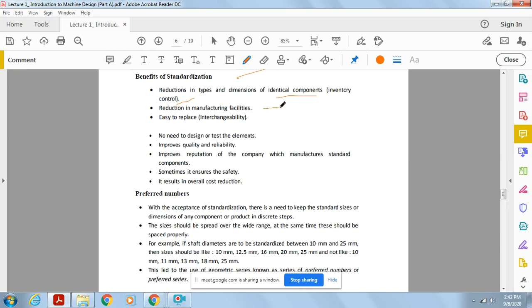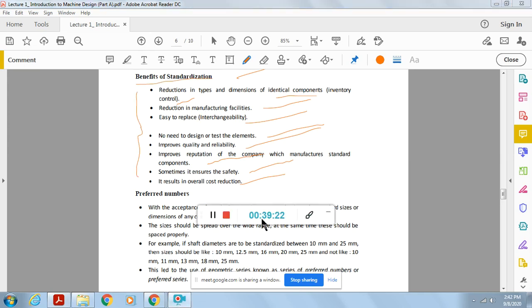Next comes the reduction in manufacturing facilities. Next, it is easy to replace. Next is no need to design or test the elements. Then it improves the quality and reliability. Then it improves the reputation of the company which manufactures the standard components. Then sometimes it ensures safety. Then it results in overall cost reduction. So these are the several benefits of standardization. Okay.